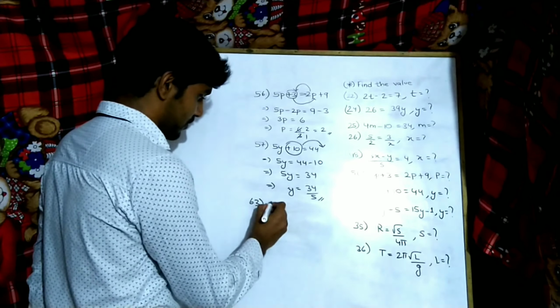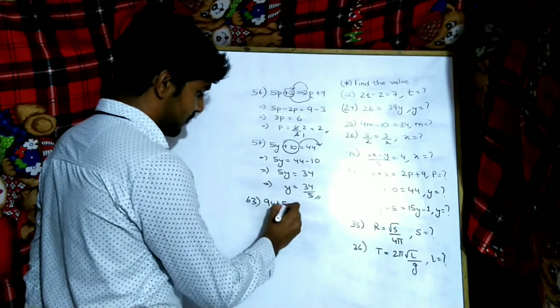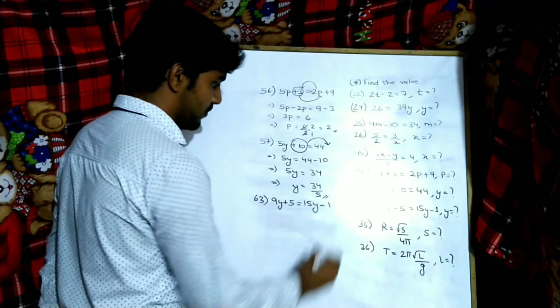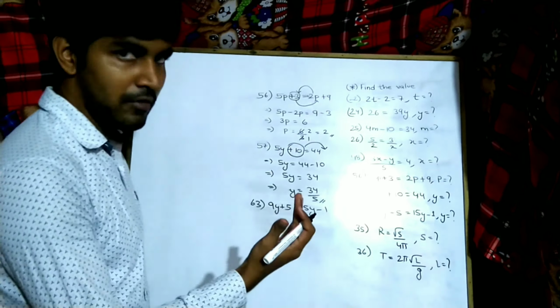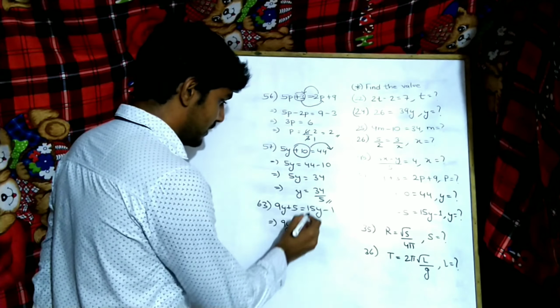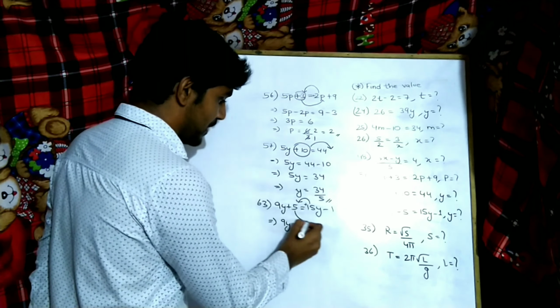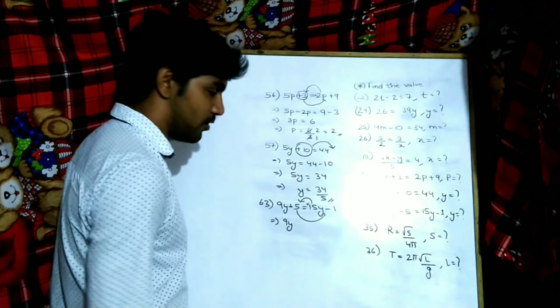So 63. Okay. So 9y plus 5 is equal to 15y minus 1. Okay. Now variables on one side and numbers on one side. 9y, this plus goes that side becomes minus and this plus goes that side becomes minus. Okay.